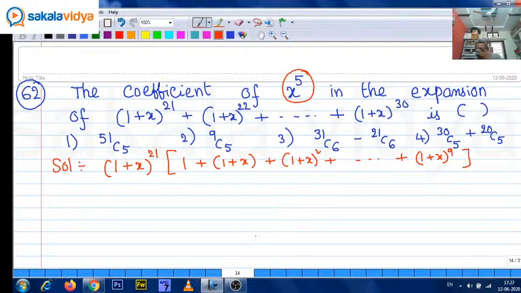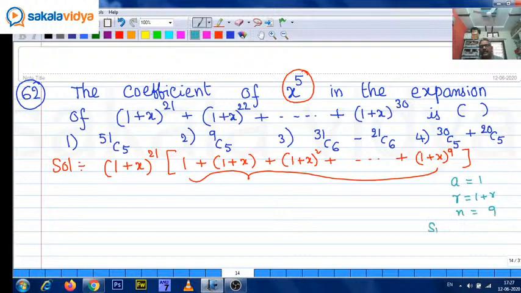If you observe this one, this is a geometric progression. The first term a is 1, the common ratio r is 1 plus x, and n is equal to 9.